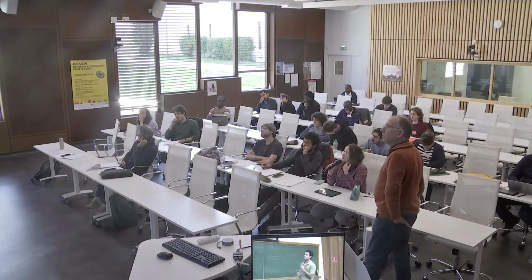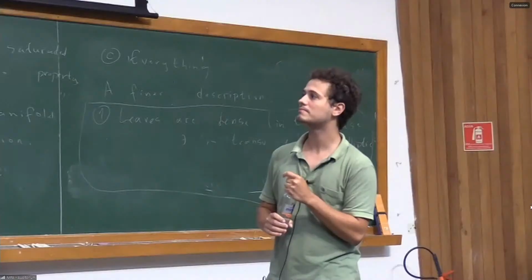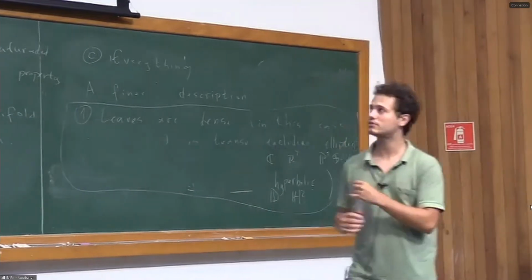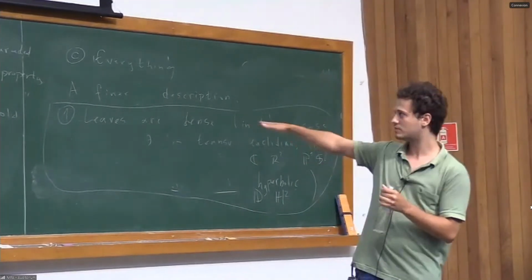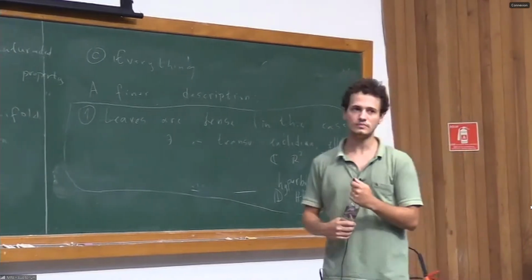Yeah, we say something about the transverse structure, but I don't know in general what it says about the leaves themselves. We saw one example here, but in general, I don't know. Thank you.